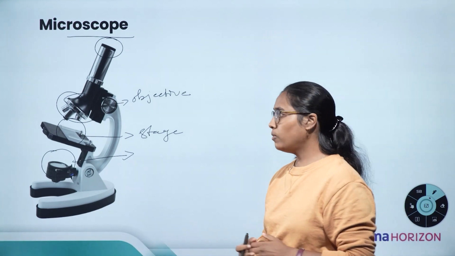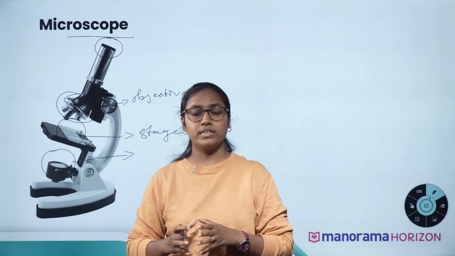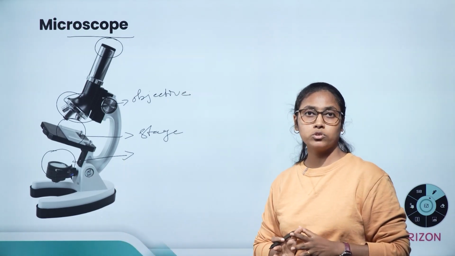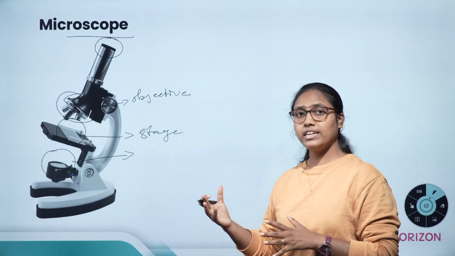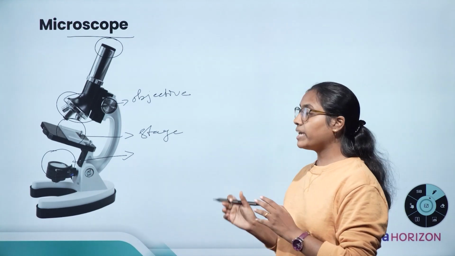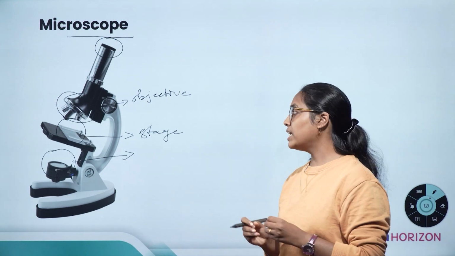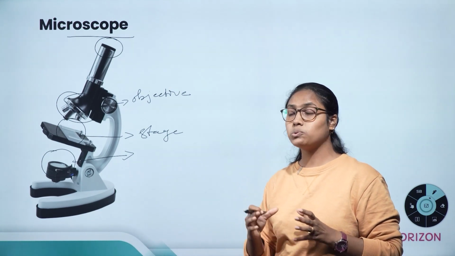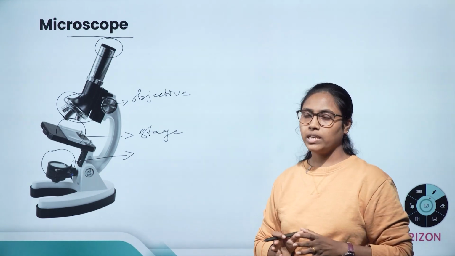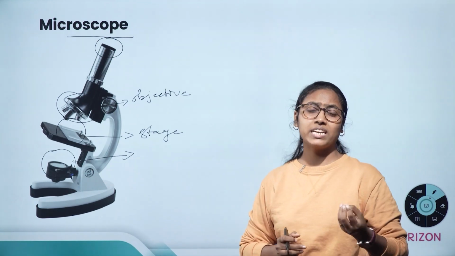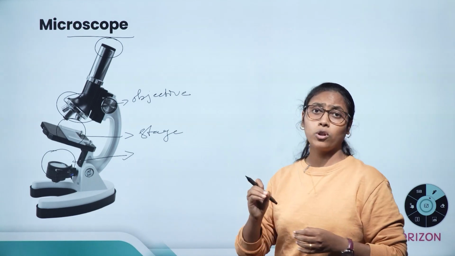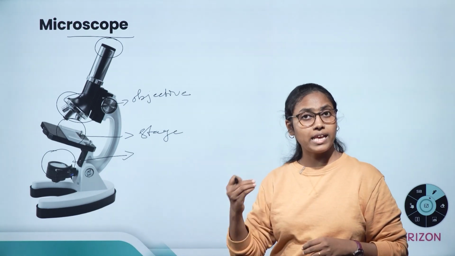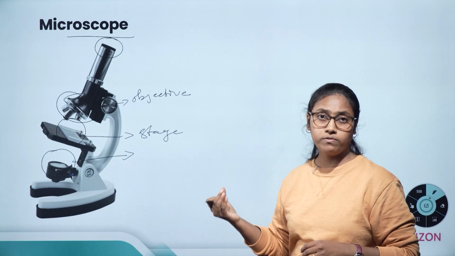Now this microscope, that is the compound microscope, is the most commonly used microscope in our schools and even in colleges. This microscope helps us to visualize cells and the nucleus. If we stain the nucleus, we will be able to see it. But this microscope doesn't help us to visualize still smaller parts of the cell, such as cell organelles or the structure of the cell membrane.